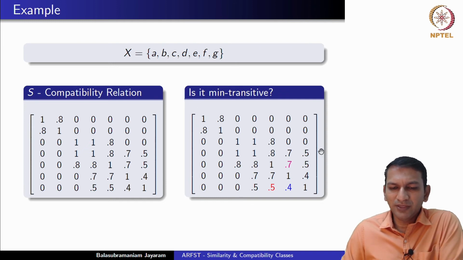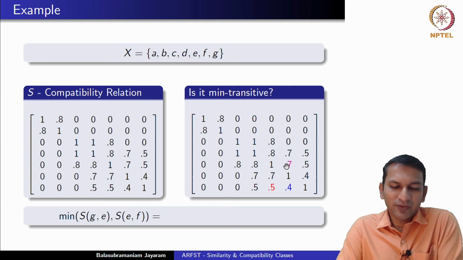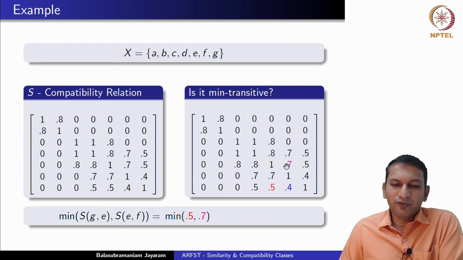And look at these three numbers. So 0.5 is actually S of GE, 0.4 is S of GF, and 0.7 is S of EF. Now if you look at the minimum of S of GE and S of EF, it is equal to the minimum of 0.5 and 0.7. Clearly this is not less than or equal to 0.4, which is actually S of GF.